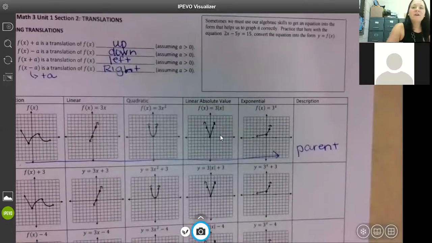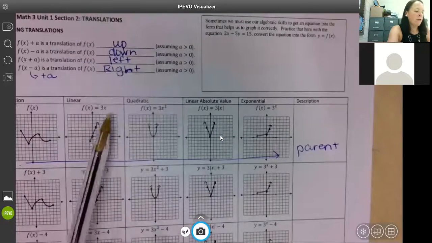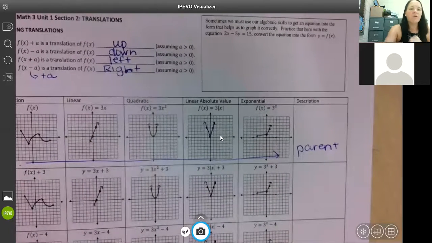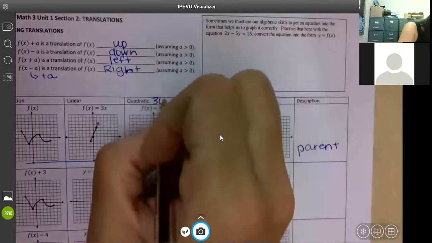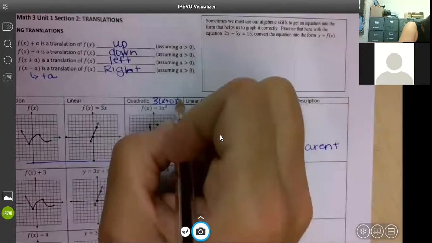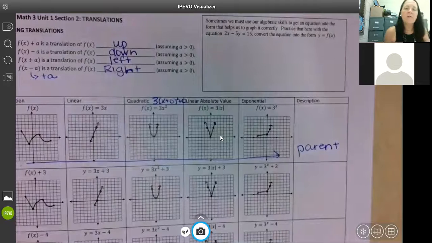What that means is they're as simple as possible. So if you look at just 3x squared, that's exactly what we were just working with in the last unit. So there's no plus anythings on there. So the 3x squared is like this, like we've been working with, okay? That 3x plus 0 squared plus 0.